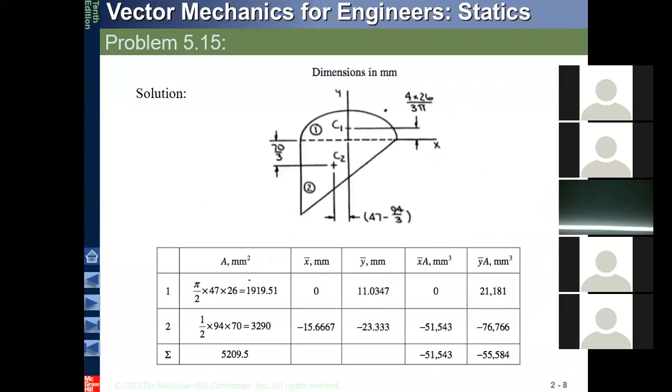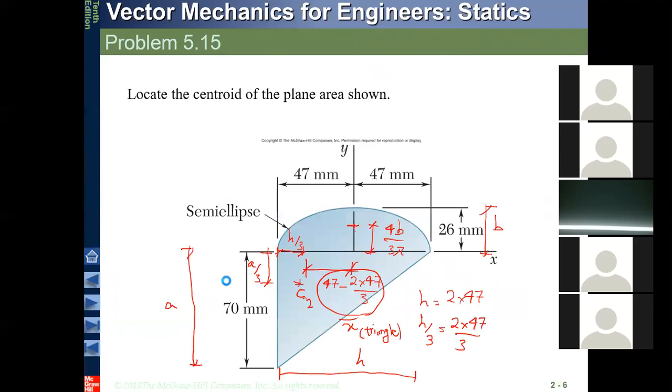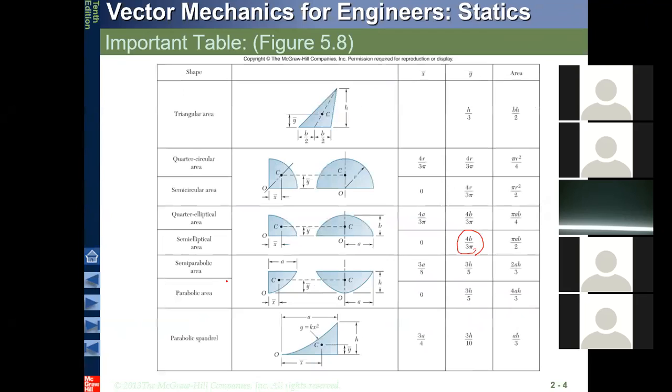Then it's always good to draw a table when you have several objects, and write the area of each object, x bar, y bar, and then x bar a and y bar a, and calculate the area. For the semi-ellipse, you can refer to the table, and it says the area is going to be PAB over 2.